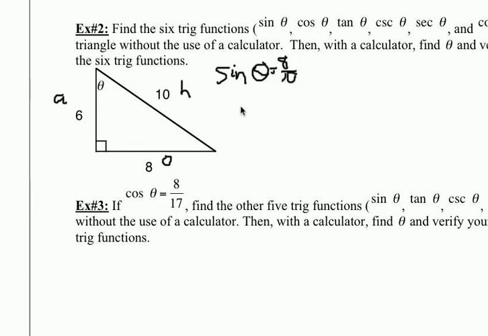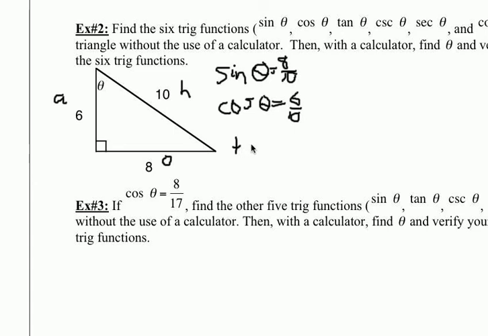Cosine, similarly enough. Cosine, CAH, is adjacent over hypotenuse. I look at my adjacent side. My adjacent side is 6. So I would write 6. And my hypotenuse, again, is 10. So it would be over 10. And again, you can reduce that.